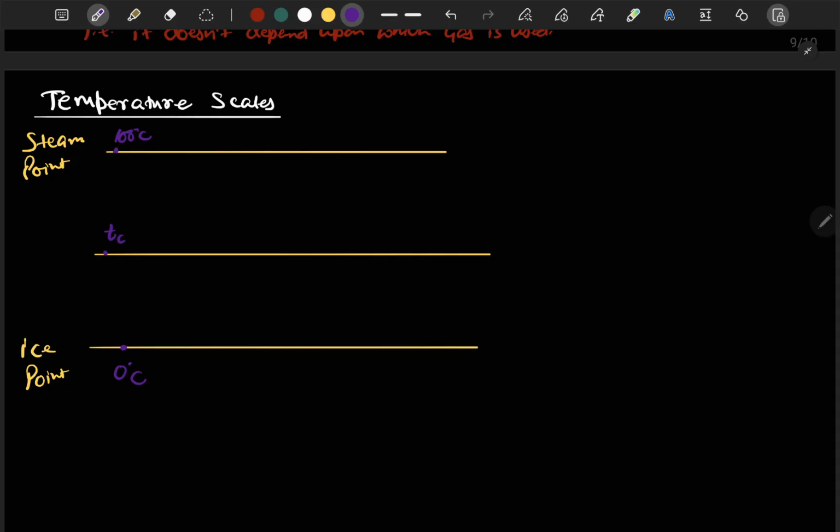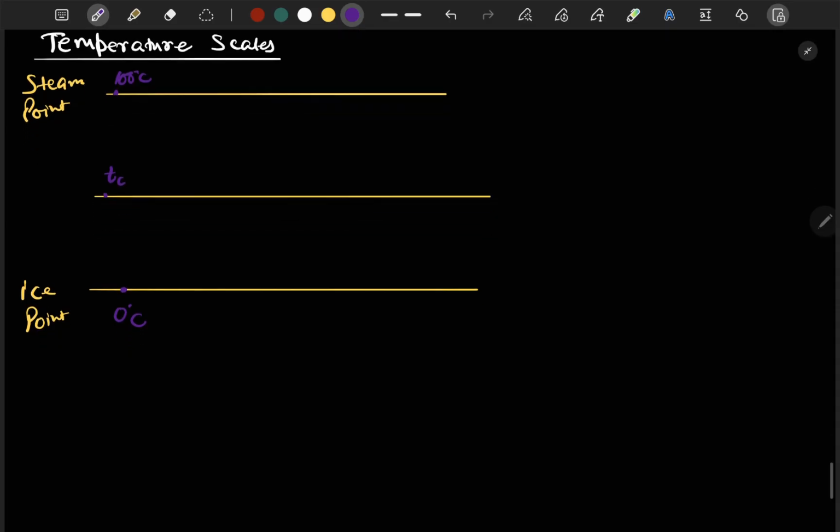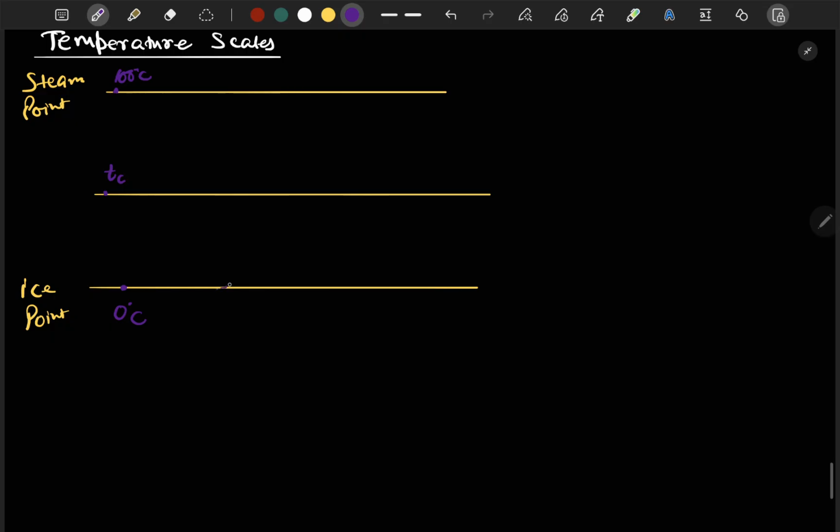In the Fahrenheit scale, 32 degree Fahrenheit is the ice point, and 212 degree Fahrenheit is the steam point, and let's say some Tf is the intermediate point.